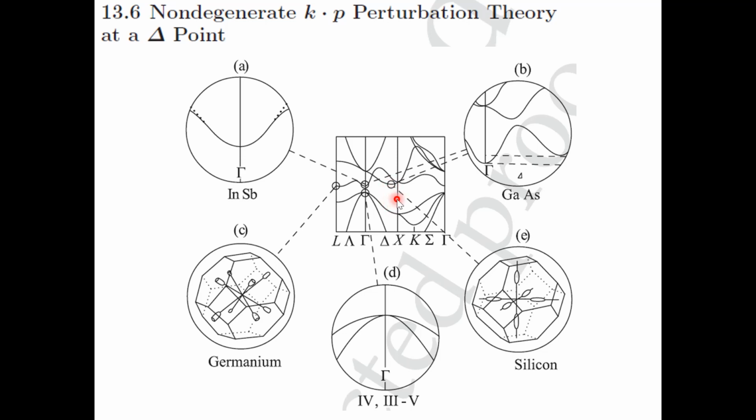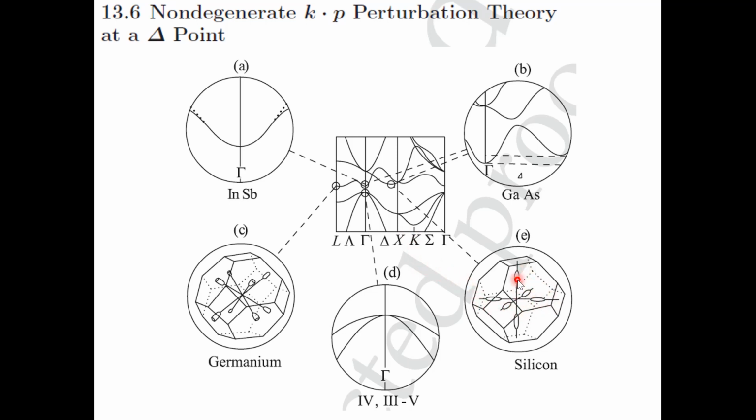Delta, remember, is a cubic system, so there are in fact 6 different delta lines, plus and minus X, plus and minus Y, plus and minus Z, and for each of those directions there are these electron pockets. The surfaces of constant energy in the conduction band, for energy slightly larger than the bottom of the conduction band, are going to be those ellipsoids.